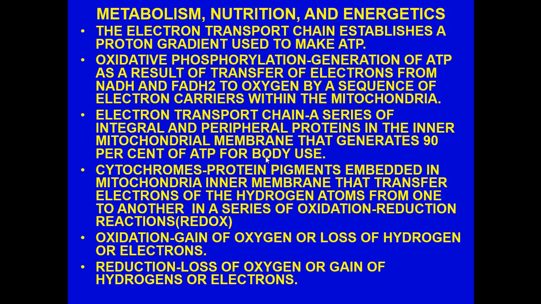Now, there are protein pigments called cytochromes. They're embedded in the mitochondria inner membrane. They transfer the electrons of the hydrogen atoms from one to another. It's kind of like the first one takes the energy and goes to another one, to another one. Think about it this way. If you had you and all your friends, and each one of you was on a step in a stairwell. So one person at the top hands a ball to the next person at the next step.